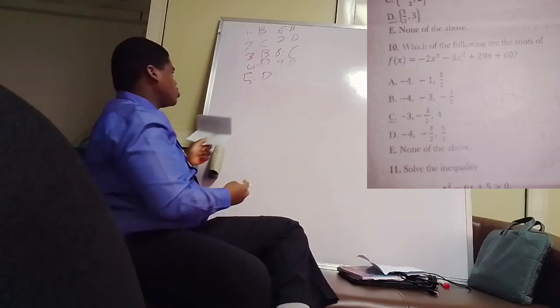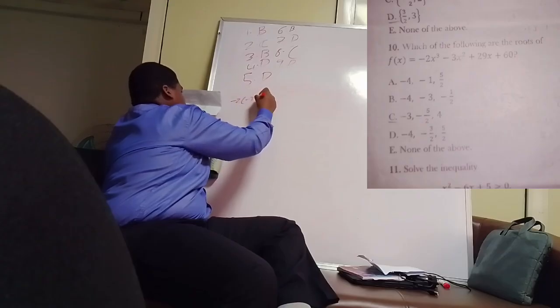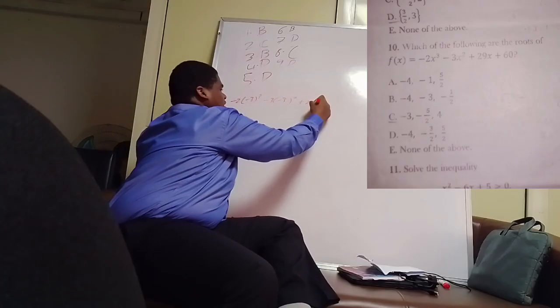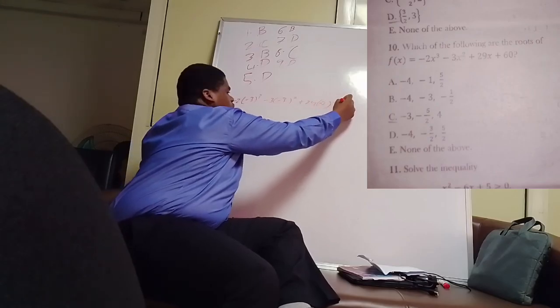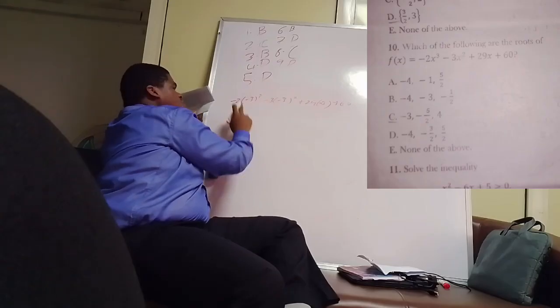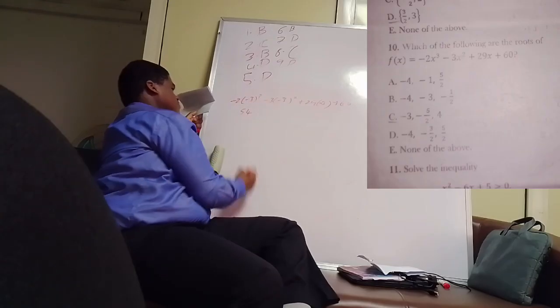The first value here is minus 3. So you put minus 3 inside that function: minus 2 times minus 3 all cubed, minus 3 times minus 3 squared, plus 29 times minus 3, plus 60. Minus 3 cubed is minus 27. Minus 27 times minus 2 is 54.